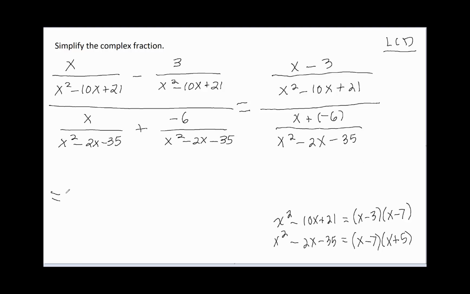So I'm going to go ahead and rewrite the numerator as x minus 3 over x minus 3, x minus 7, and the numerator's denominator part as x minus 6, because plus a negative 6 can be written as subtraction, over x minus 7, x plus 5.